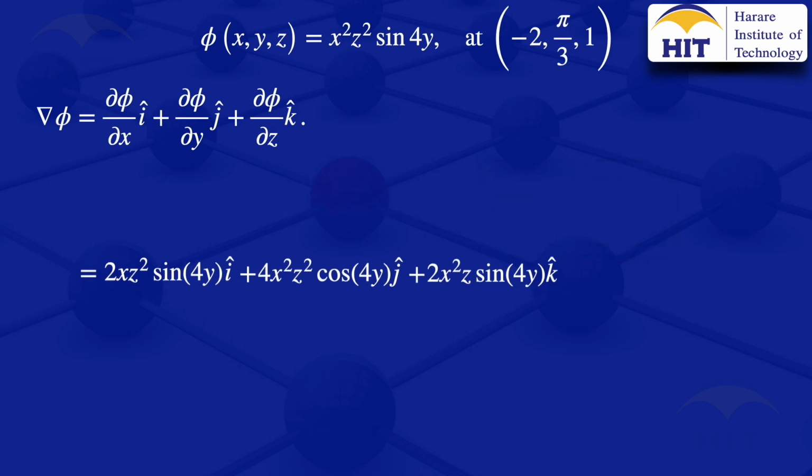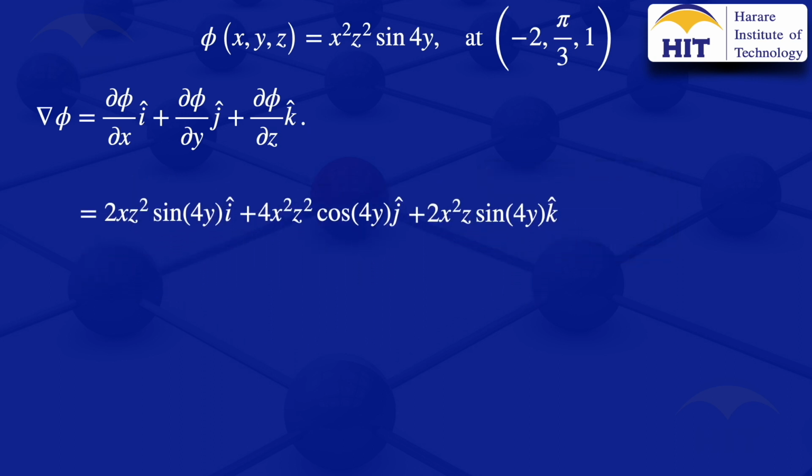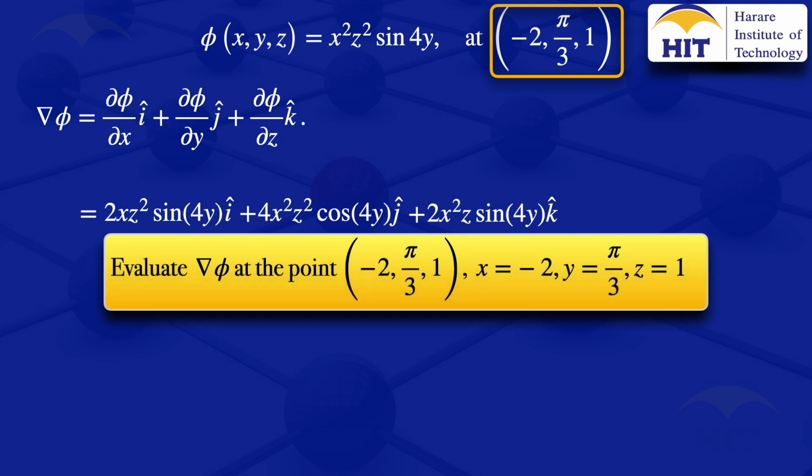So I will now go on to evaluate that gradient at the point minus 2, pi over 3, 1. So what you are saying there at that point is x is equals to minus 2, y is equals to pi over 3, and z is equals to 1.